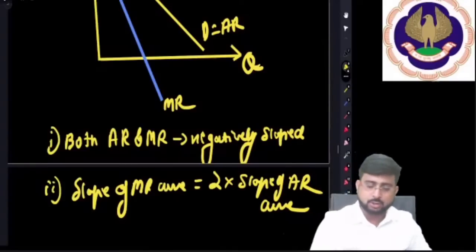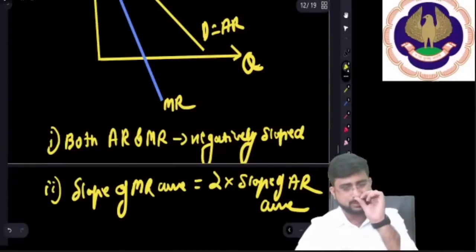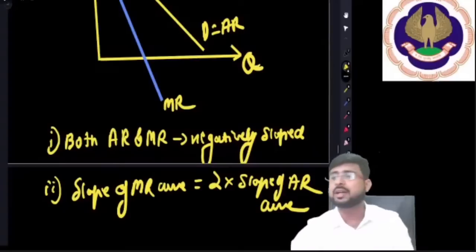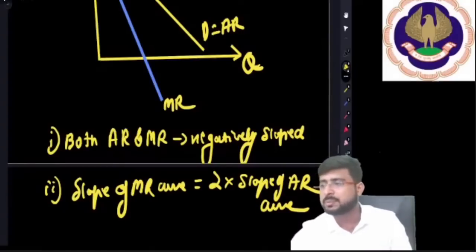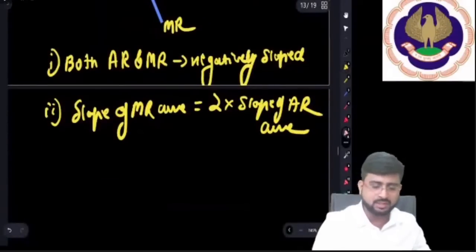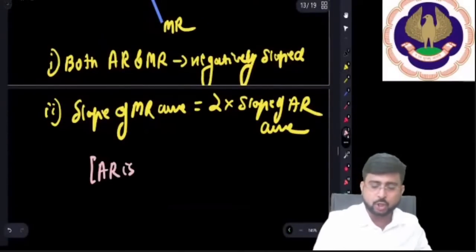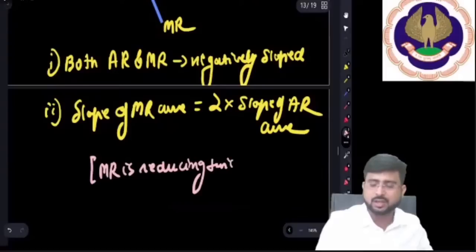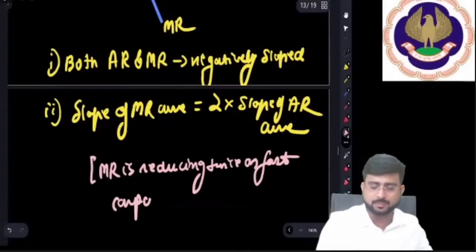Remember, slope of MR, what does it mean, sir? It means the rate at which AR is falling, MR is falling at twice that rate. What does this statement mean? It means MR is reducing twice as fast compared to the reduction in average revenue.